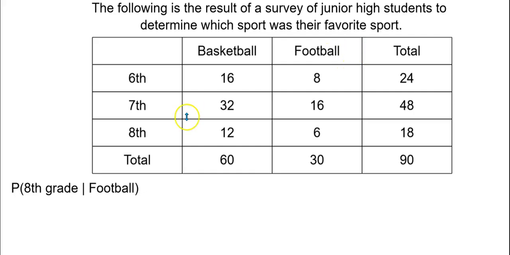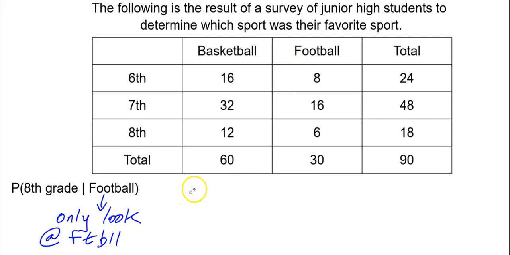Same table. So what's the probability someone's in 8th grade given they like football? Okay. So this says only look at football. So I'm only looking at that column right there.